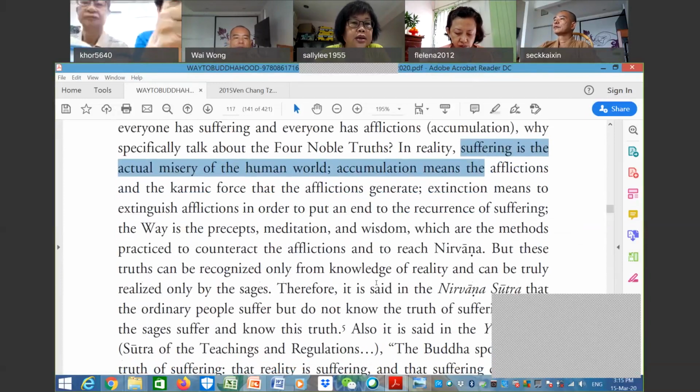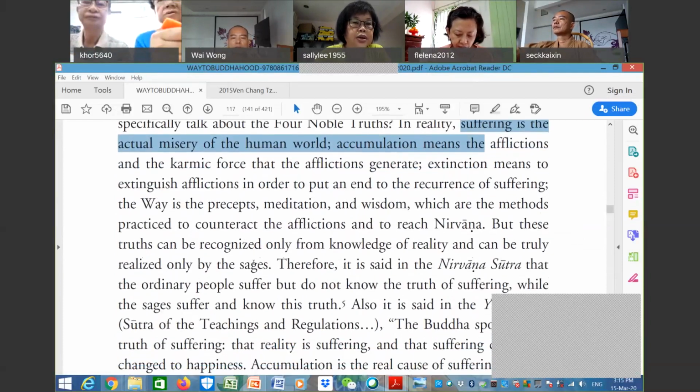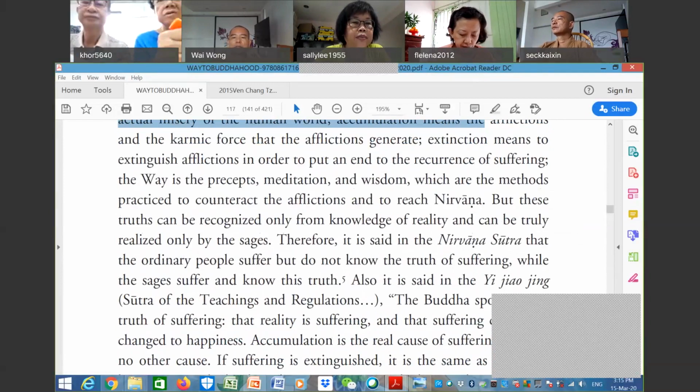Extinction means to extinguish afflictions in order to put an end to the recurrence of suffering. The way is the precepts, meditation, and wisdom, which are the methods practiced to counteract illusions and to reach nirvana. But these truths can be recognized only from knowledge of truth, realized only by sages.